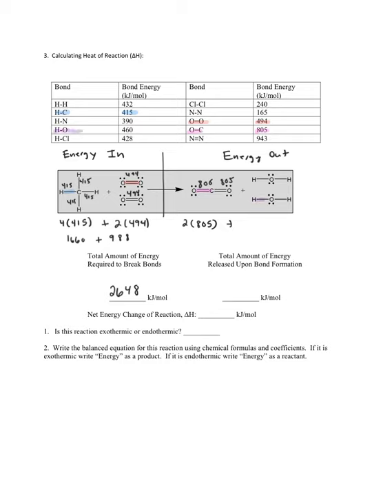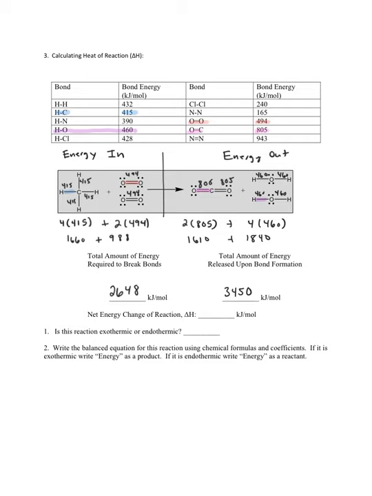I can find that over here, and each one of those is 460. I have a total of 4 of those. And so again, I can add this up. This is 1610 plus 1840 for a total of 3450.